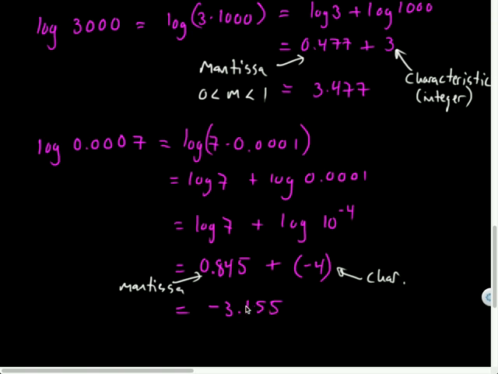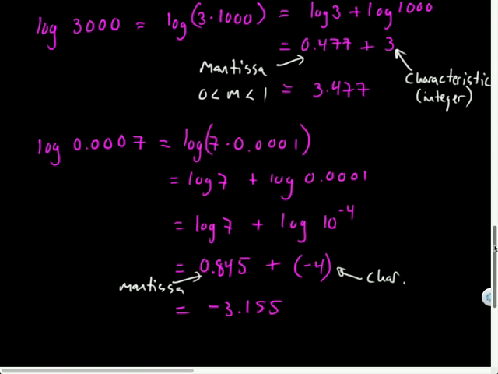That will only be true when your answer is negative, that you have to worry about this weird little switcheroo. Basically the characteristic is going to be the next smallest negative whole number, so -4, and then the mantissa is just whatever 1 minus that decimal change ends up being.